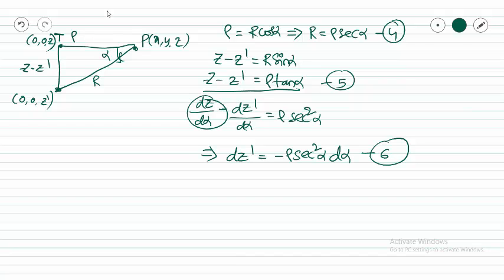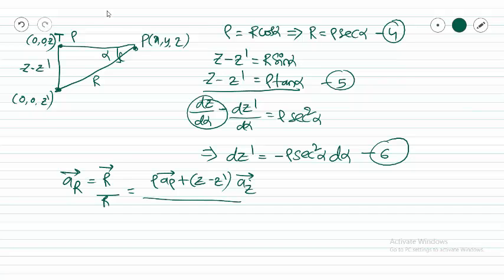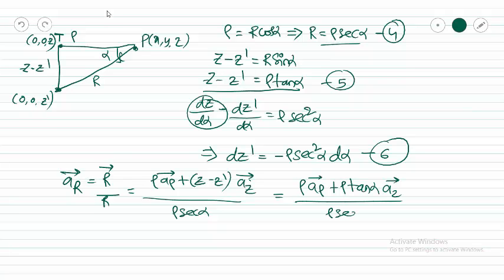Okay, and one more thing we can do is, I need the unit vector AR bar. So AR bar is equal to r bar by r. What is r bar from equation number 3? Rho a rho bar plus z minus z dash a z bar, divided by magnitude r, which we got as rho secant alpha. So rho a rho bar, z minus z dash is rho tan alpha, a z bar, divided by rho secant alpha.